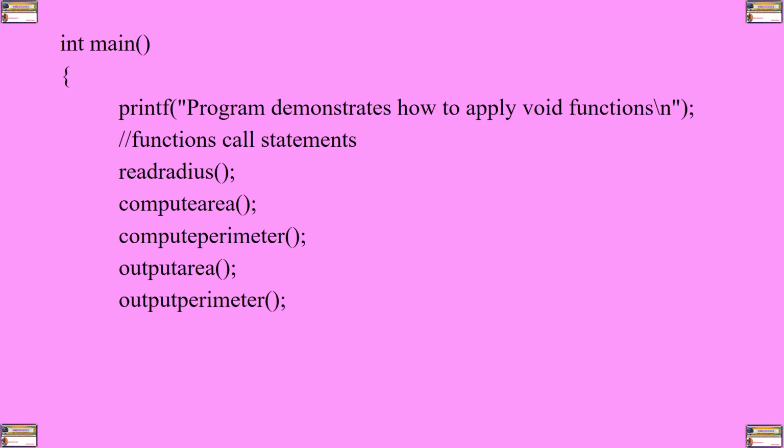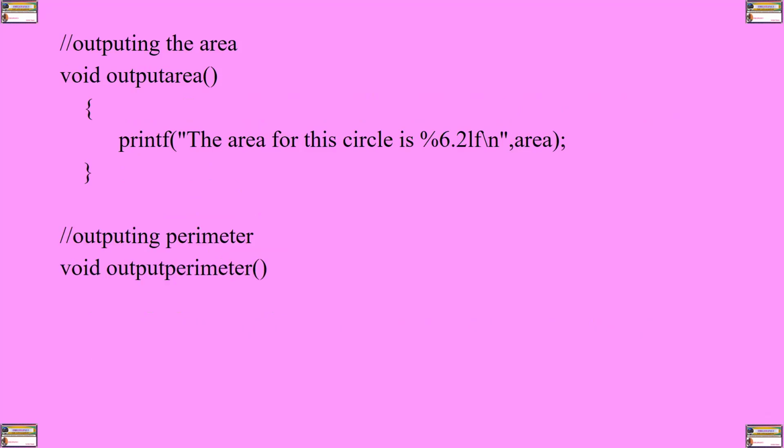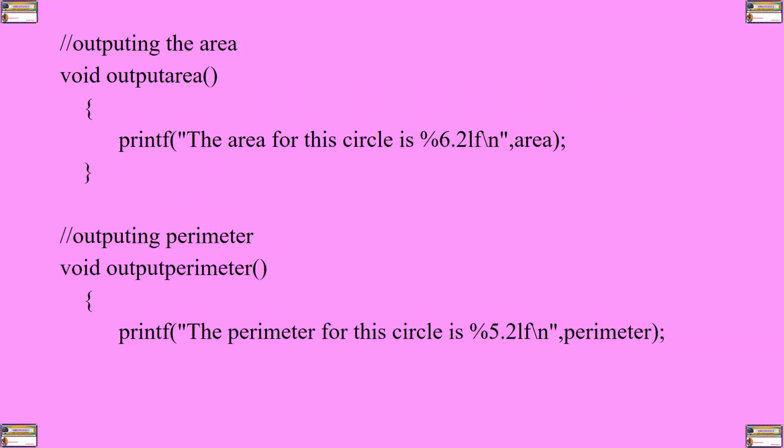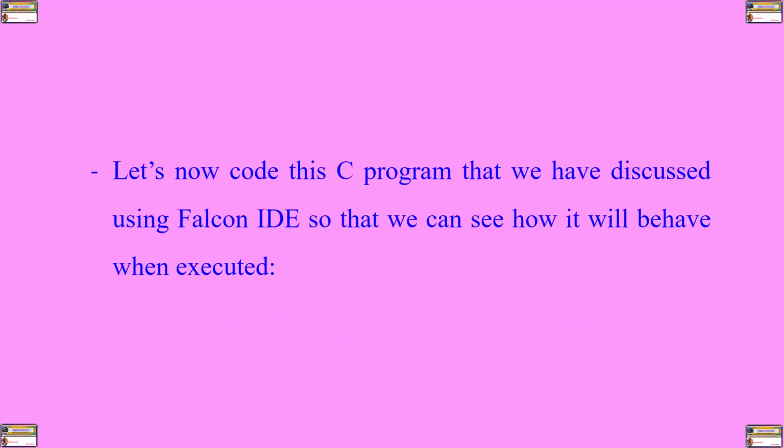Once this statement invoking the function called output perimeter is encountered, the control will be taken to this function. This statement will be executed, and once this brace is encountered, the control is taken back to the main program. The next line tells the compiler to hand control back to the operating system, and the program ends.